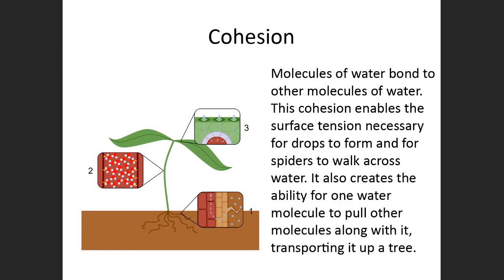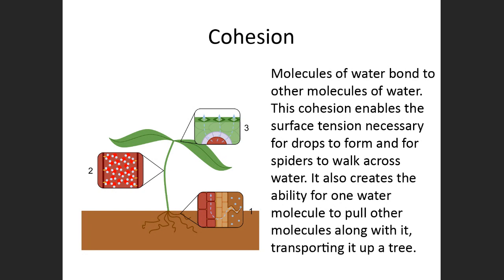So this enables them to transport water all the way up a tree, right? Trees don't have pumps. They don't have a heart pumping water from the ground to their leaves 50 or 100 feet in the air, right? This is all because of cohesion, that water is able to move through an entire organism.